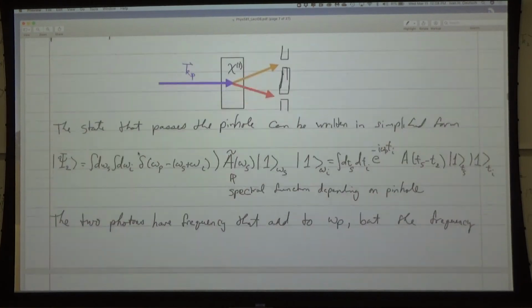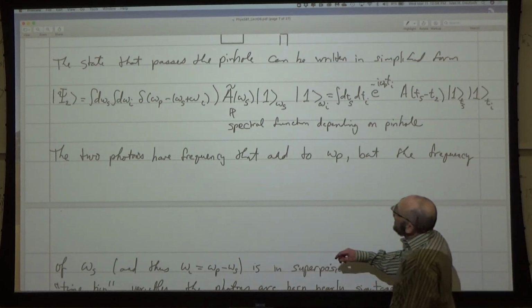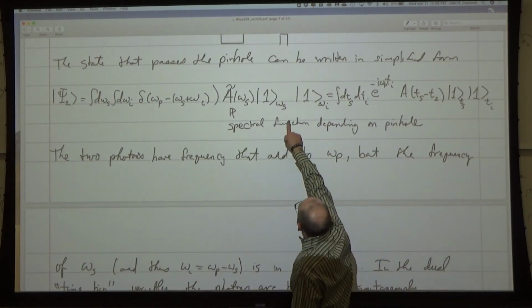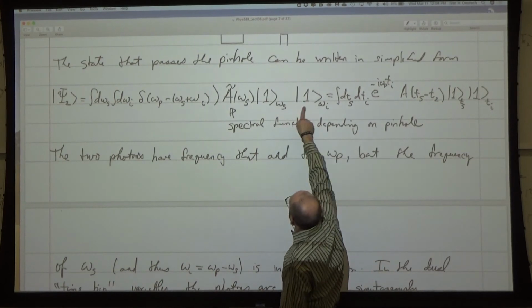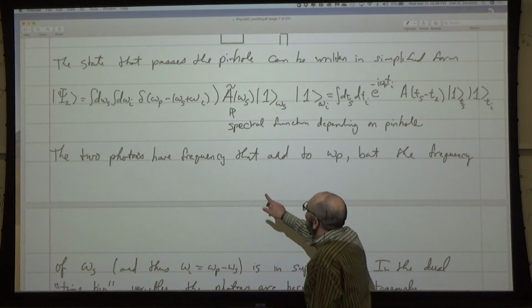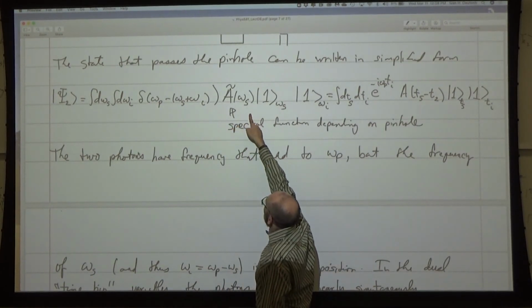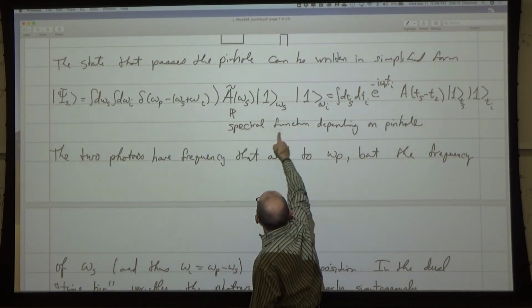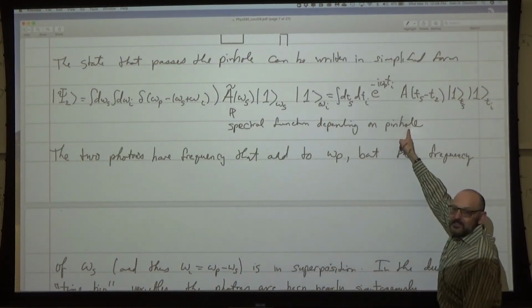So here, what you see, this state, I have two photons. One has frequency omega s, the other has frequency omega i. Each photon has a very big spectrum depending on the size of the pinhole.